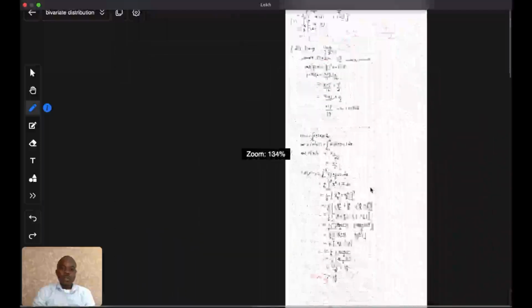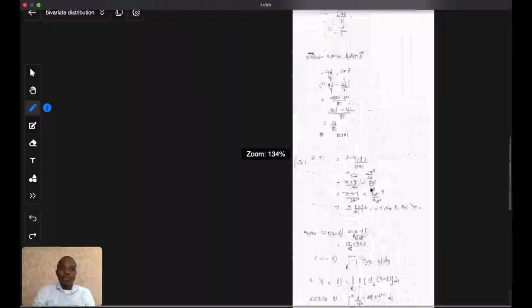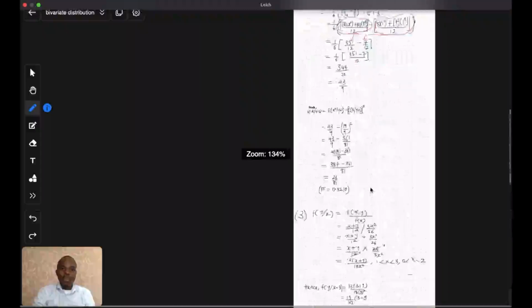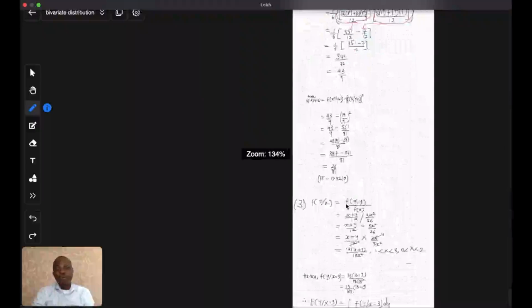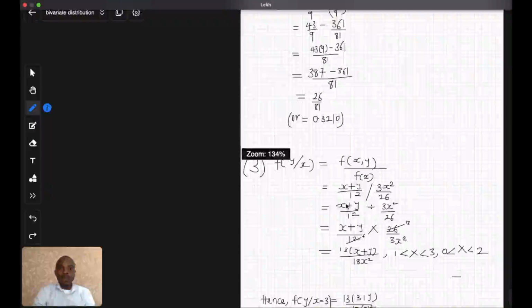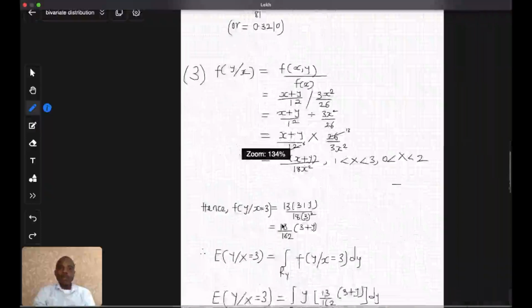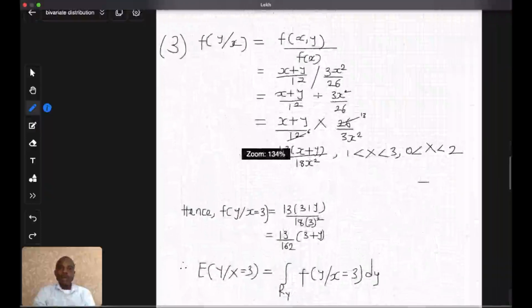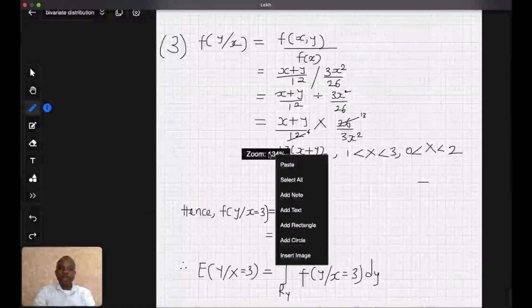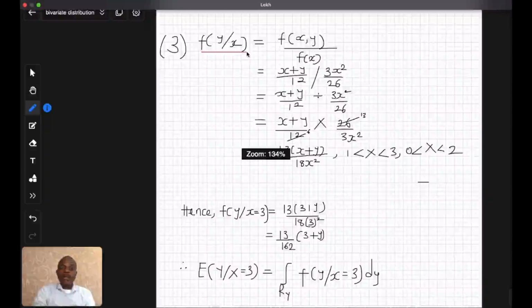We follow a similar step, but we are not going to have the same distribution. So now this is what we will have. We are looking for the conditional distribution of y given x.